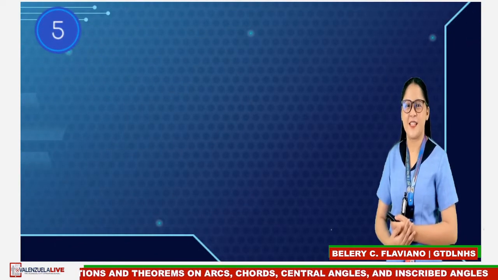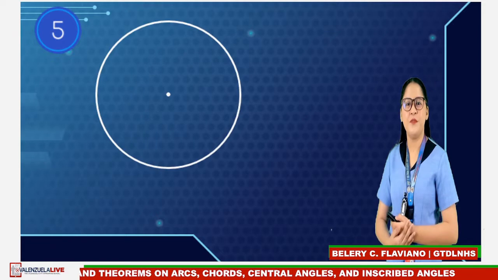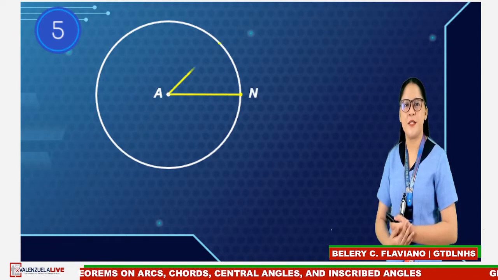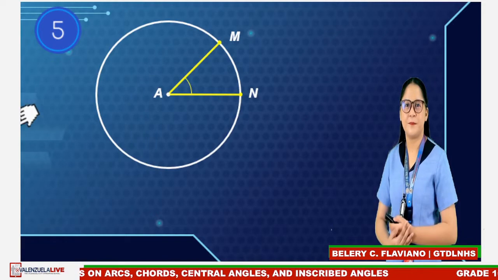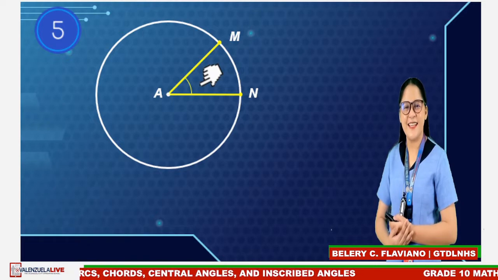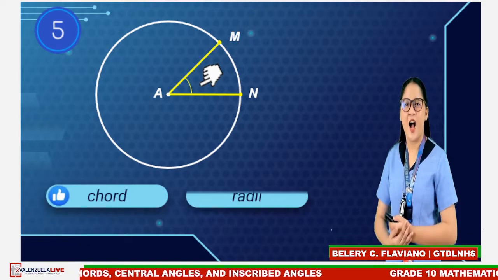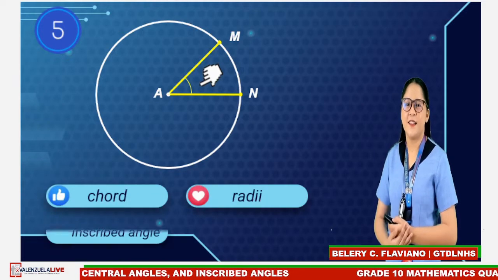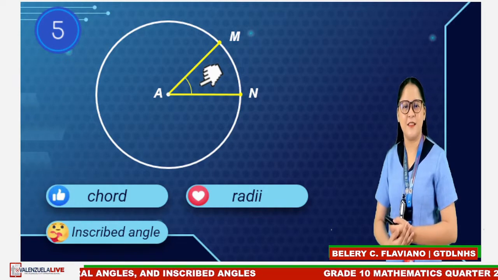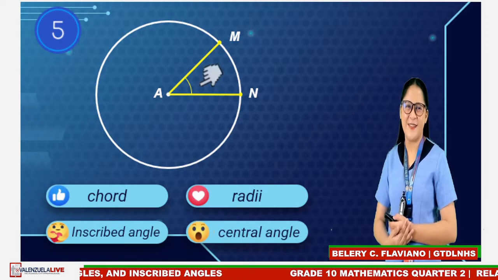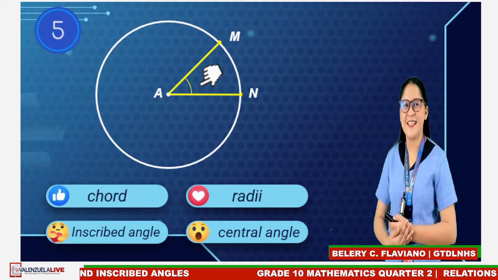Let's have the next one. Observe the figure pointed by the cursor. Is it chord, radii, inscribed angle, or central angle? You have 5 seconds. Go.